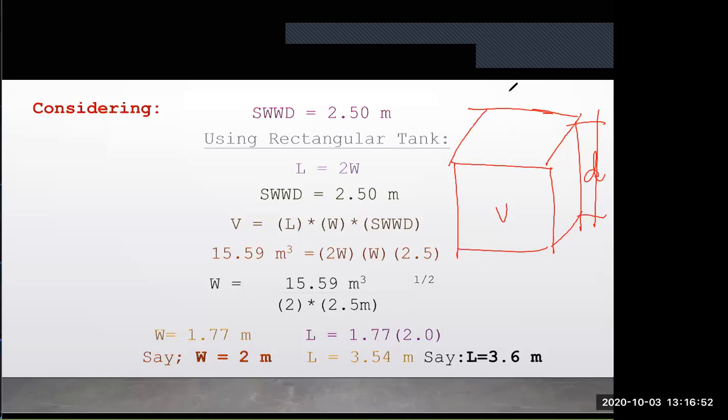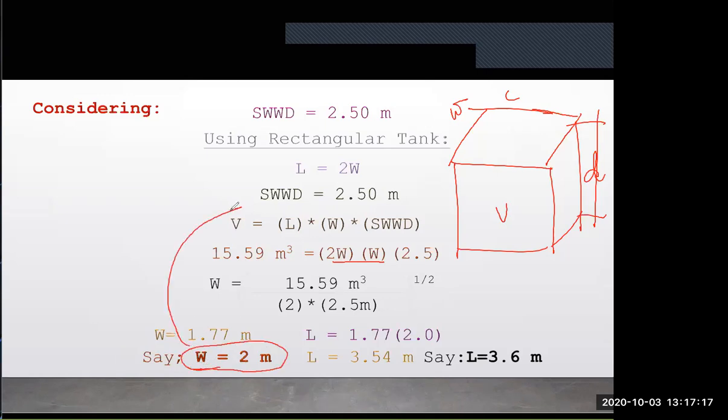And then you have your length and then your width. So I can just put it as length is equal to twice the width, so that I only have one unknown, which is the width. So after a simple algebraic calculation, we get the width equal to 2 meters.